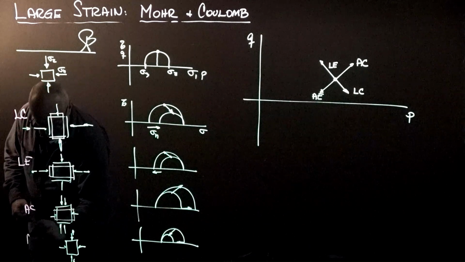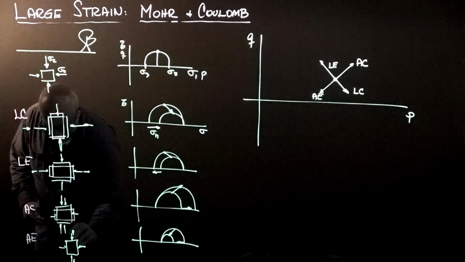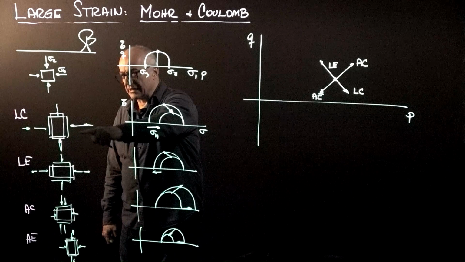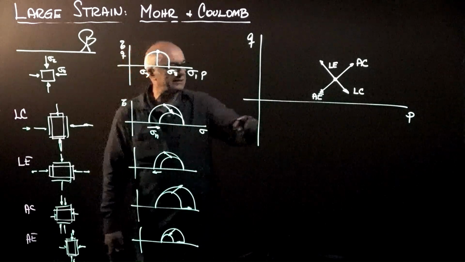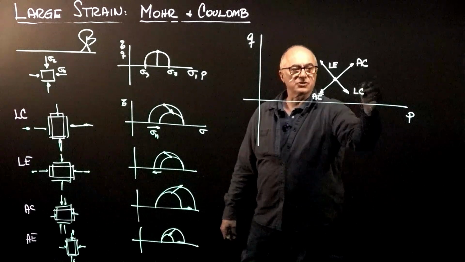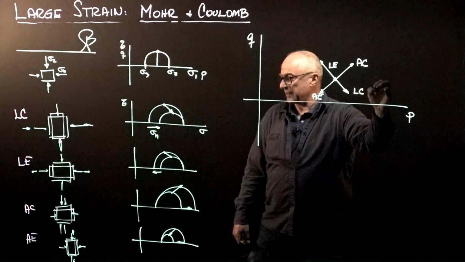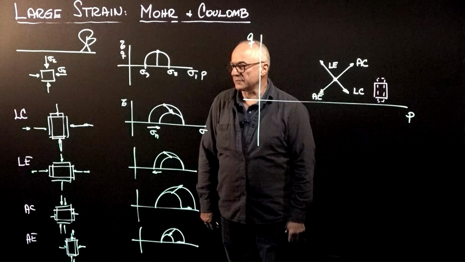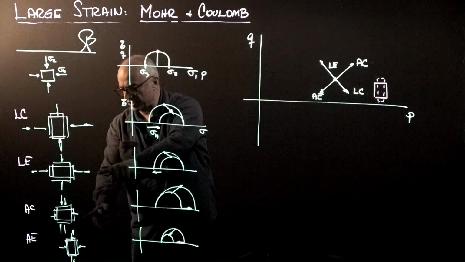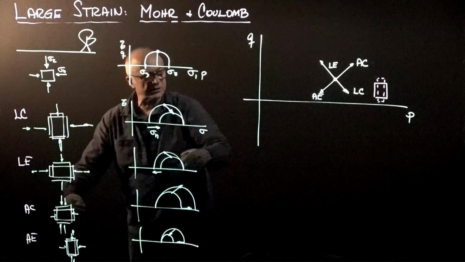Finally, for axial extension, it is going to get thinner and taller. As you can see, with lateral compression and axial extension, the element is getting taller and thinner. And with lateral extension and axial compression, the system is getting shorter and fatter.